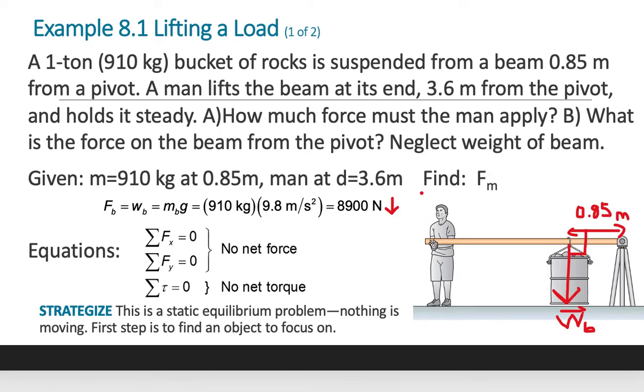The other thing we're given is that the man is at a distance of 3.6 meters from the pivot point. And the man is lifting everything up, so he's applying a force in the upward direction. We'll call that F man.